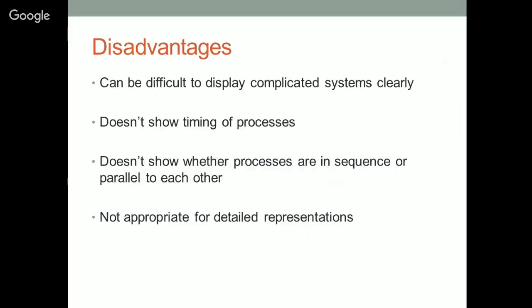They also don't show whether processes are in sequence or parallel to each other. So data flow diagrams aren't appropriate for more detailed representations of single processes. And it's mainly just for the overview process of how information is flowing in the system.